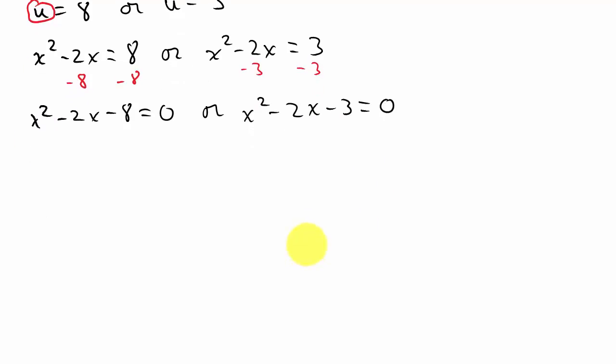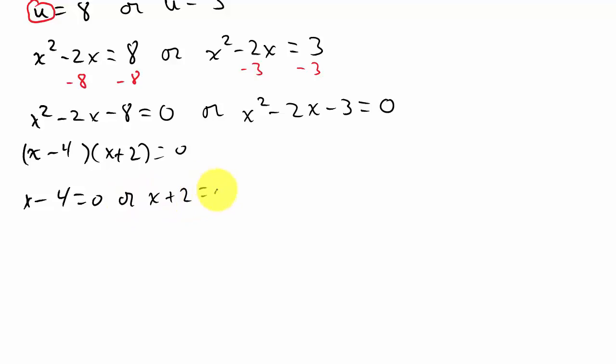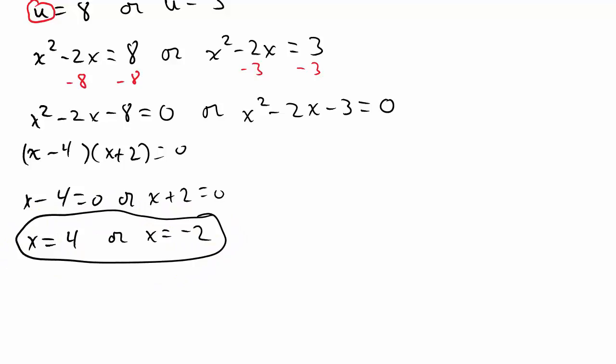And now we solve. Here, this will factor: x minus 4, x plus 2. So x minus 4 equals 0, or x plus 2 equals 0. And so x equals 4, or x equals negative 2. So there's two of the solutions.